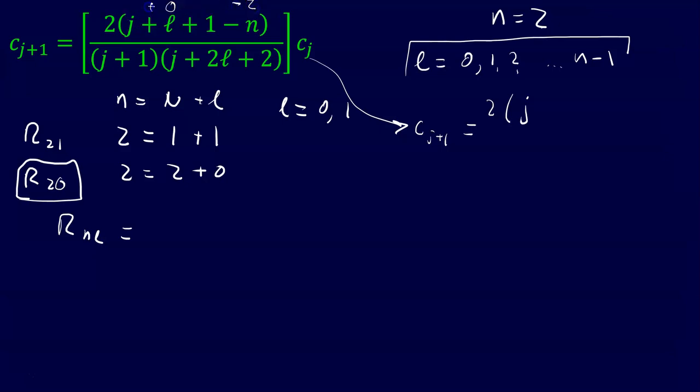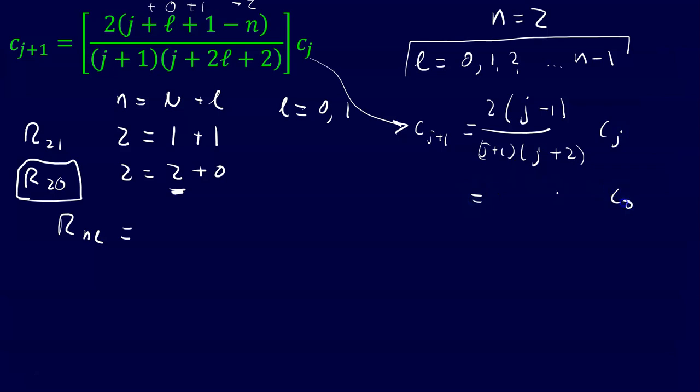So it's j plus 0 plus 1 minus 2. So I get j minus 1 over top of the numerator now, which we do care about because we can see in this case here our capital N is 2. So we're going to have 2 terms in our sum here. And then downstairs here, this is just j plus 2 c to the j.